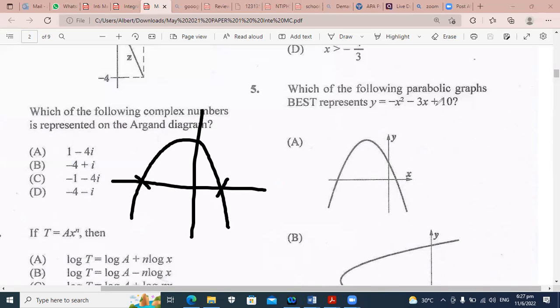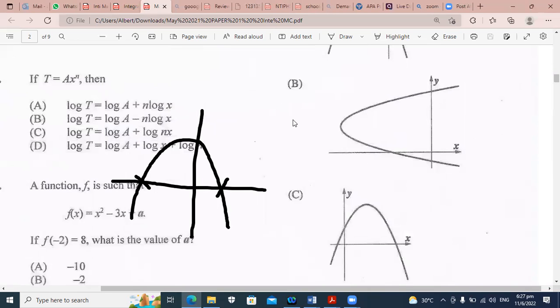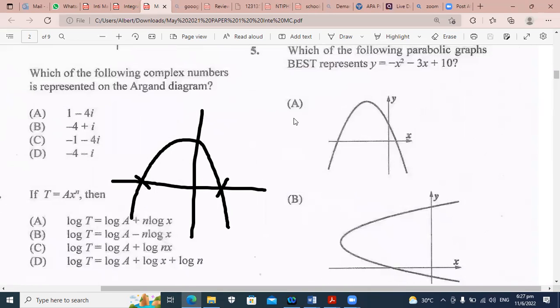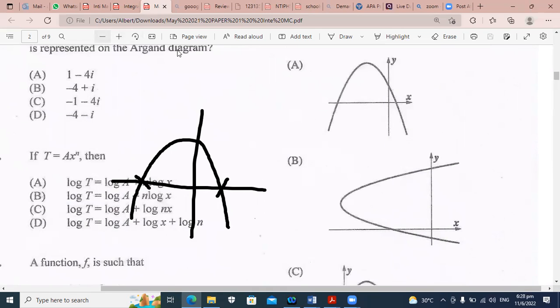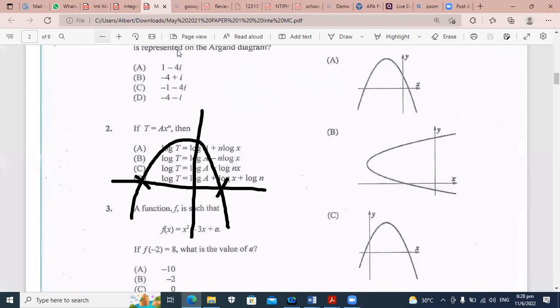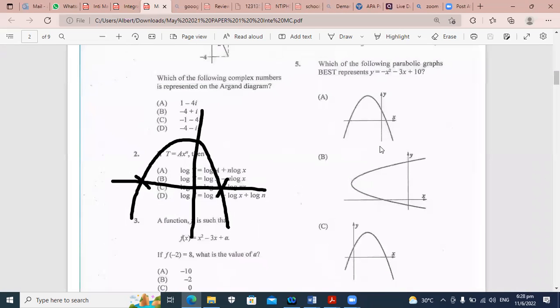Would you agree with me that if you look closely at A and at C, they cross the x-axis differently, not true? In terms of x values, what's the difference between A and C? Sir, one is more positive and one is less positive.